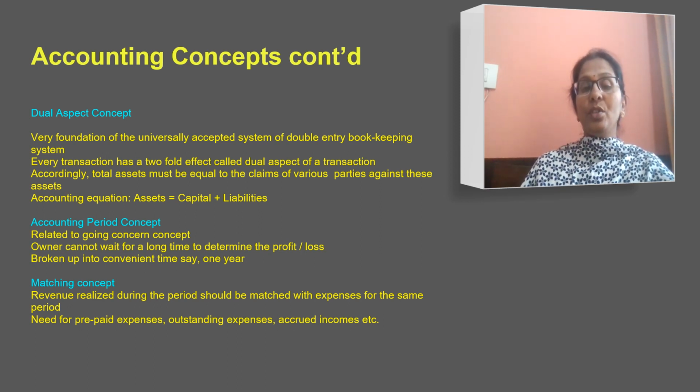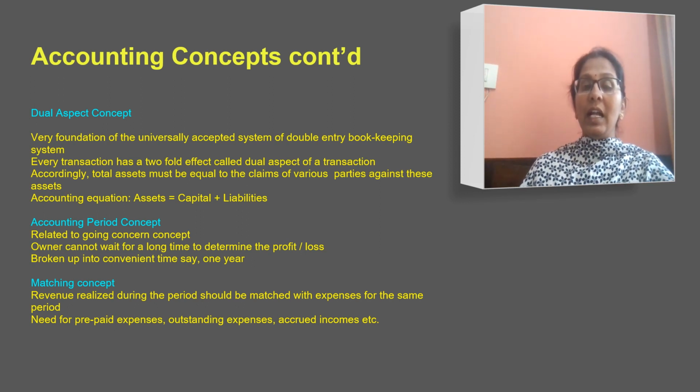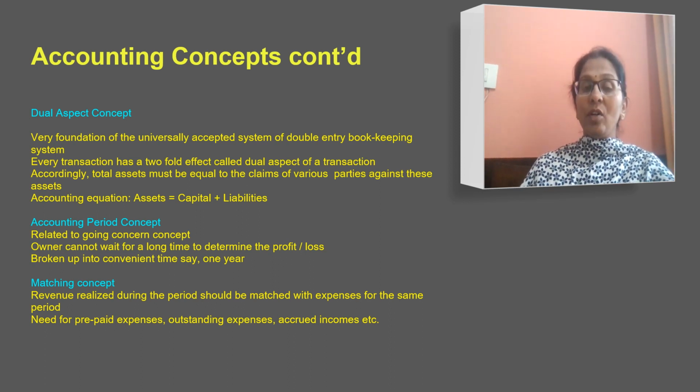Those twofold effects we call debit and credit. So any business transaction has two aspects: one is a benefit giving and another is a benefit receiving. So when recording takes place, we should consider both aspects and record them.